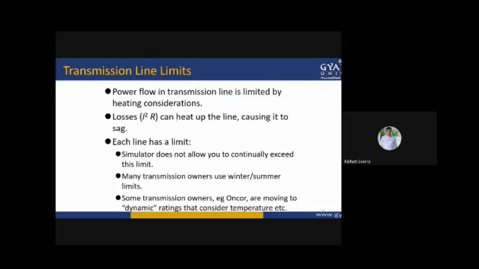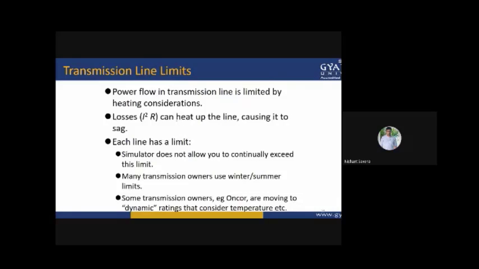Sag is the increase in transmission line length due to temperature. As a metal, we know it expands when the temperature gets high. So when the losses are high, the continuous heating of the transmission line may increase the sag of the system.